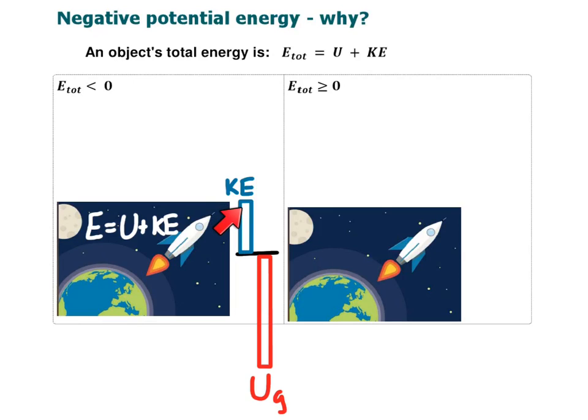And then the kinetic energy will get less and less because we are converting kinetic energy into potential energy. But at some point, we're going to end up with a scenario that looks like this. At some distance away from planet Earth, we're going to run out of kinetic energy. We're going to have zero kinetic energy, but we're still going to have some gravitational potential energy left over.